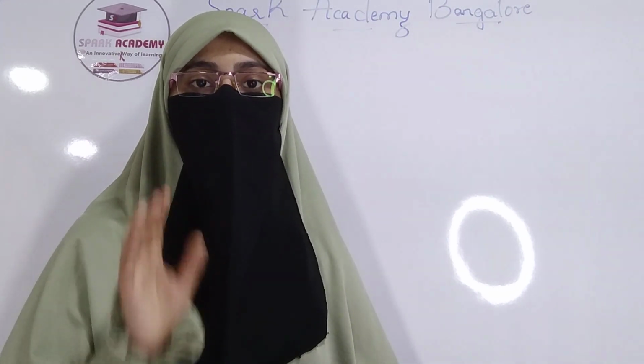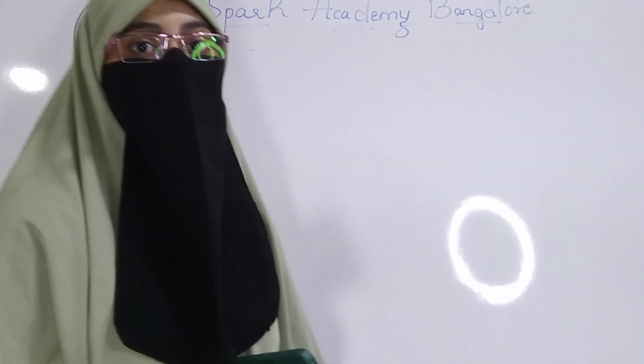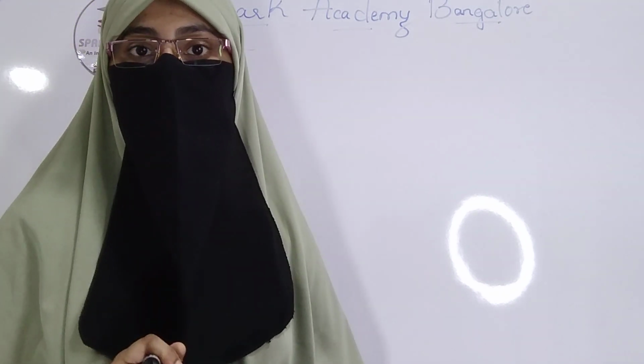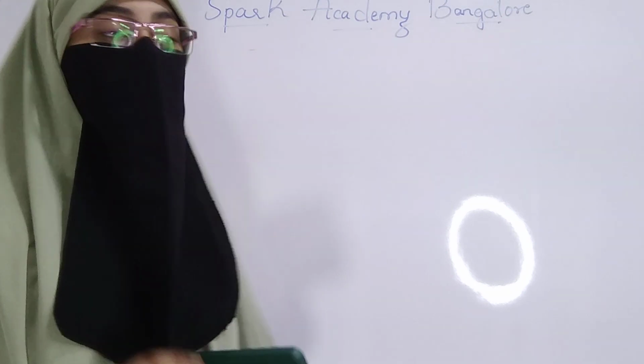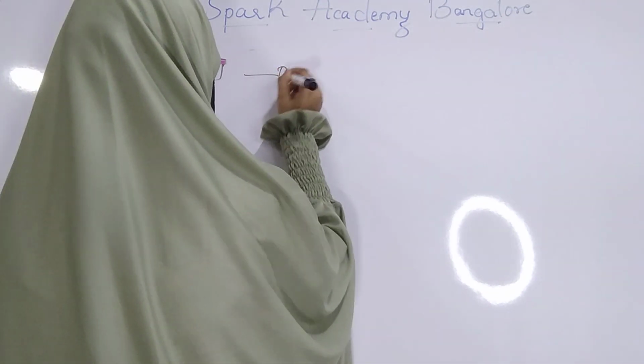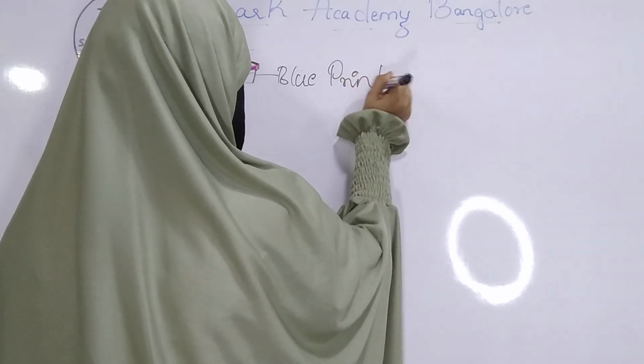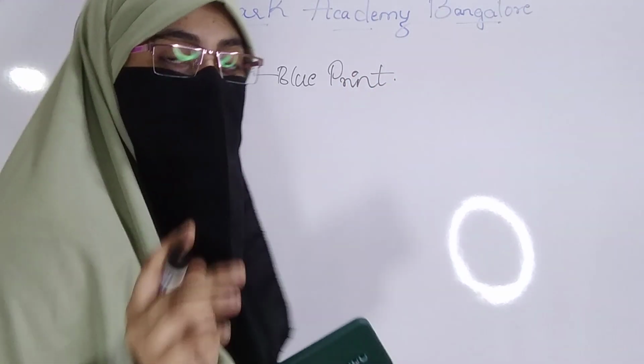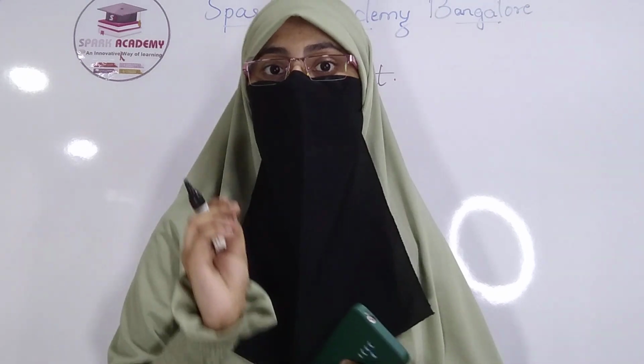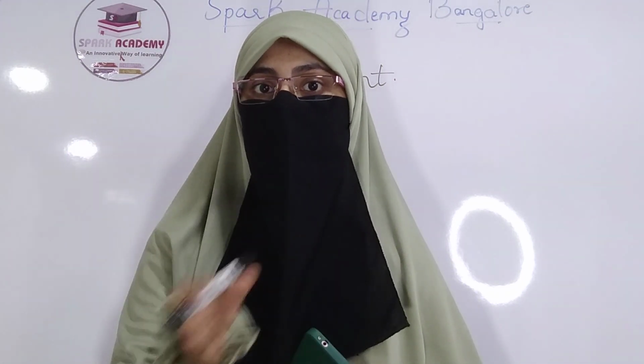First, as always in the crash course, we have been following the blueprint. The blueprint is our key to success. Whenever we are at the end moment, the students should first move to the blueprint.